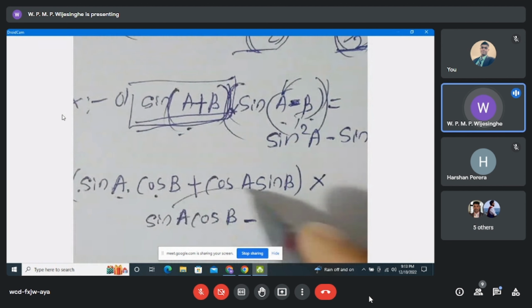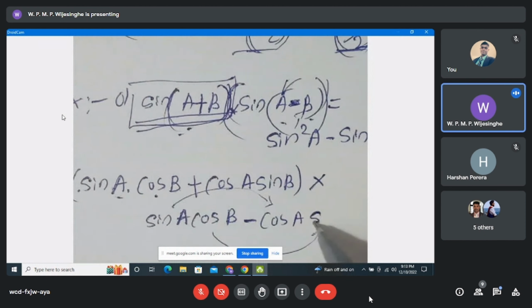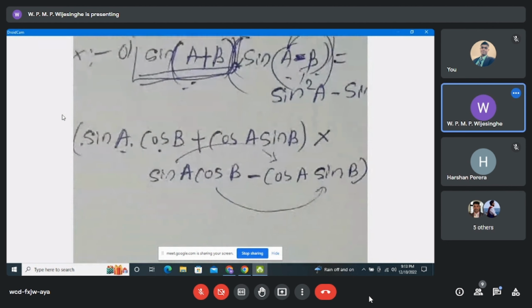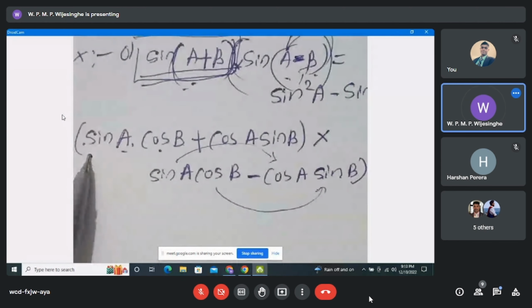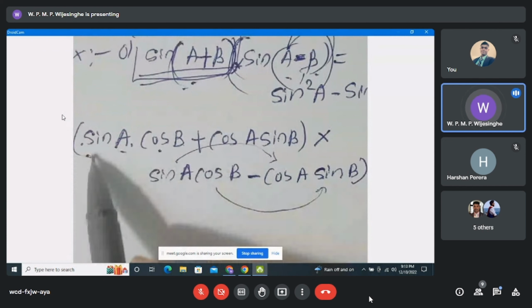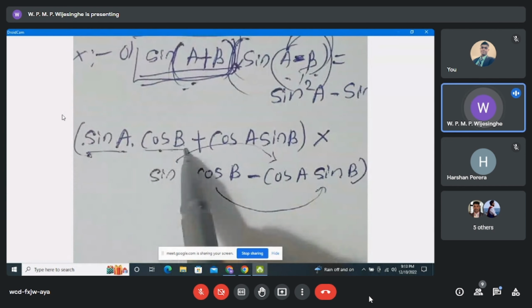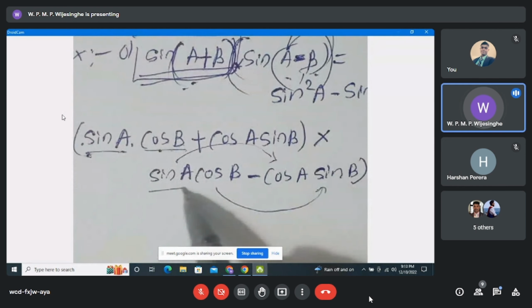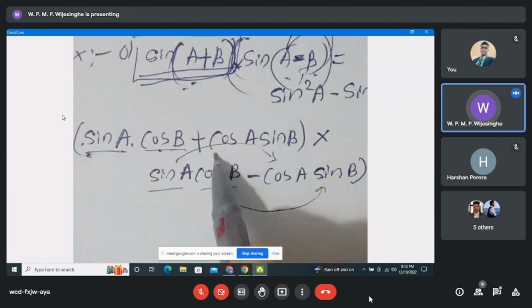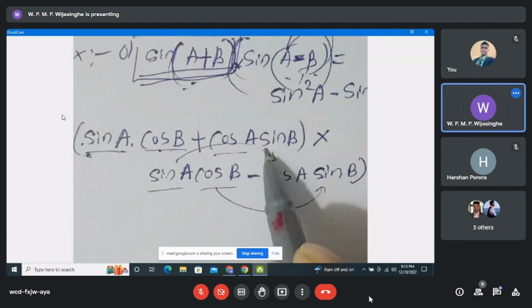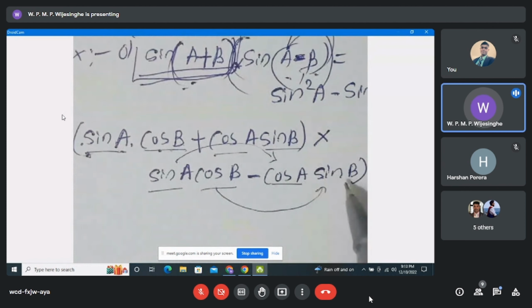Then sin A converts into cos A, cos B converts into sin B, right? Okay, here sin A cos B, here also sin A cos B. Then this one cos A sin B, cos A sin B.